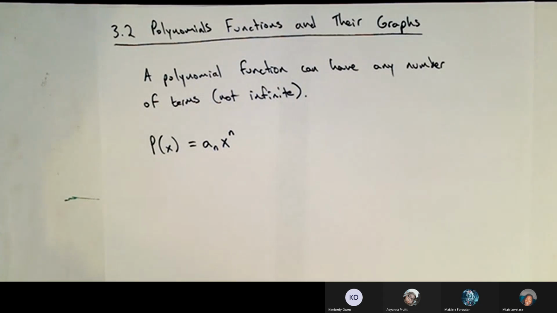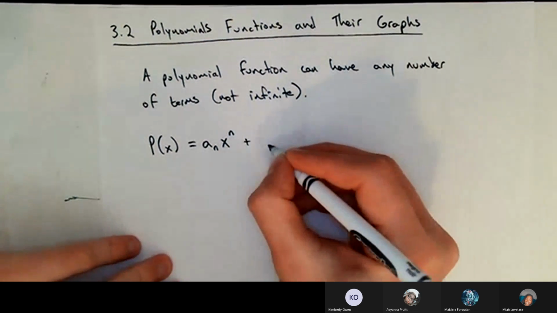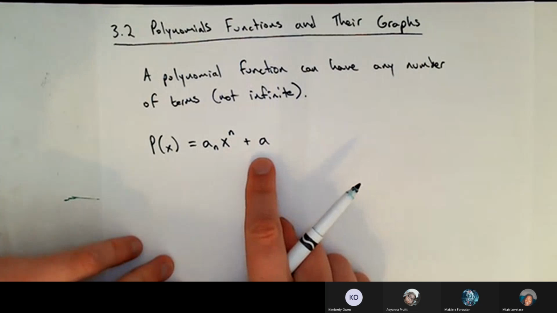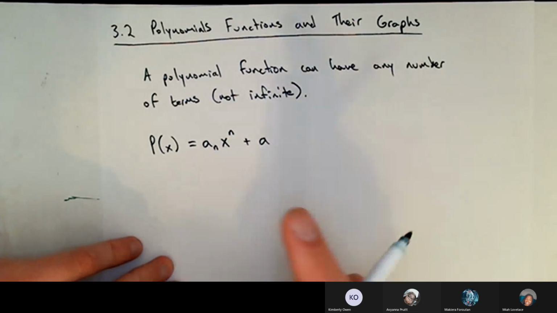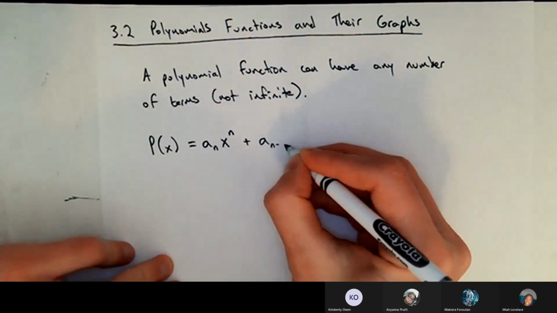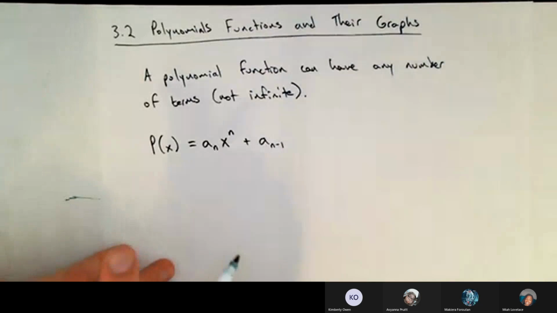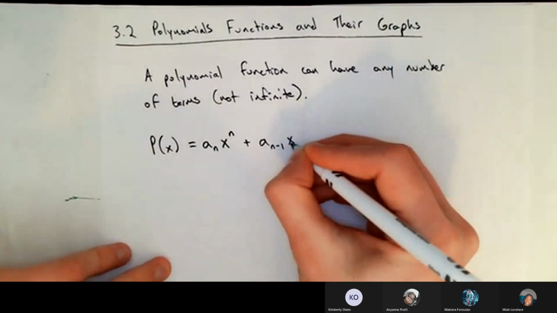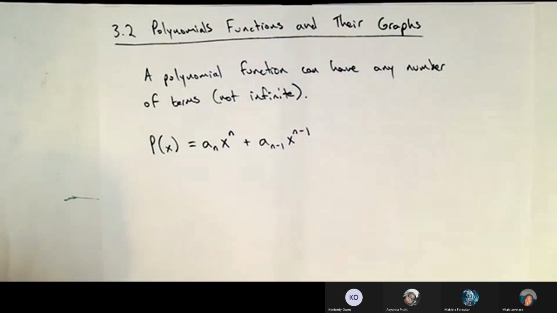So n is the highest exponent here. The next term would be a, again keeping track of which a it is by its little subscript. This one is the next term, so its subscript decreases by 1, as does the exponent.